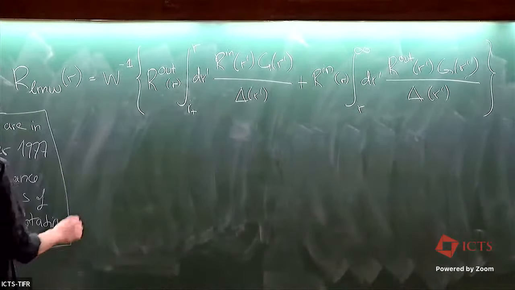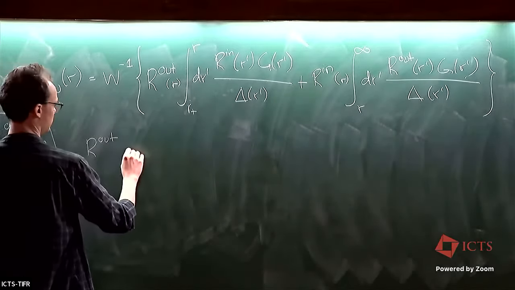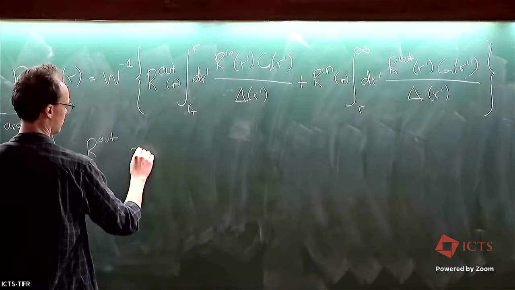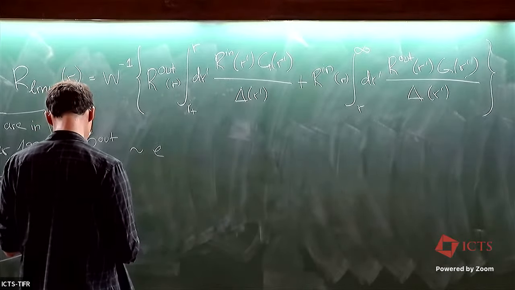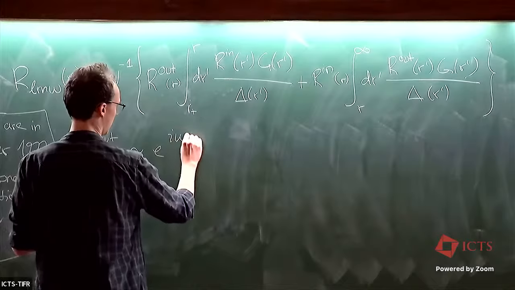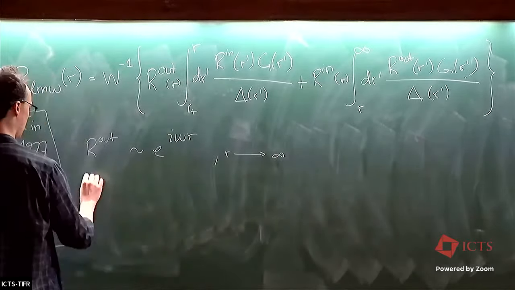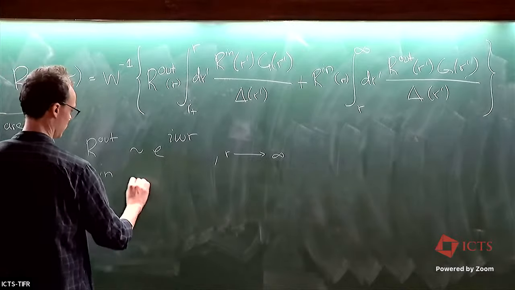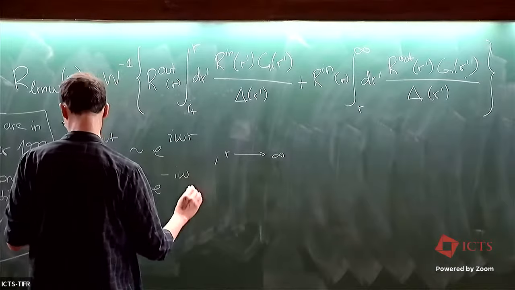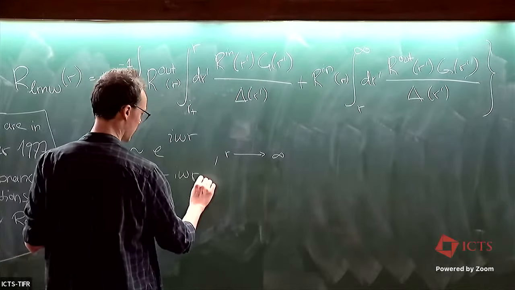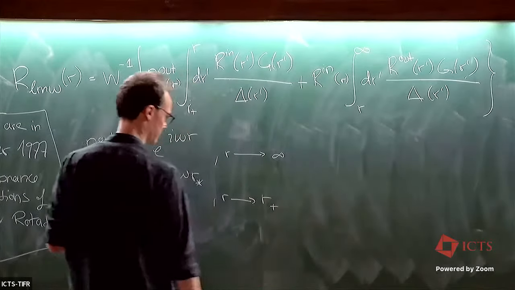Okay, so where R out at large distances goes like e to the i omega r, and R in goes like e to the minus i omega r star, technically, for r to r plus.